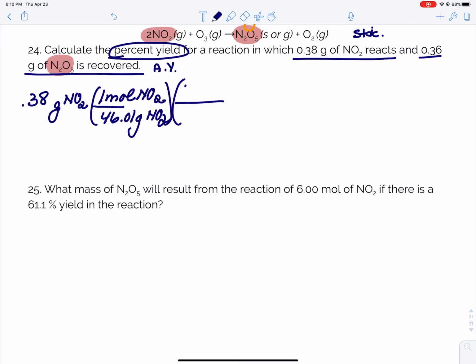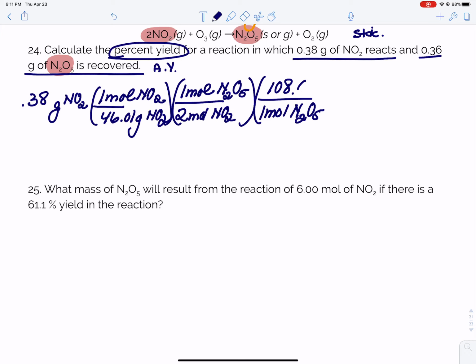According to the balanced chemical equation, 1 mole of dinitrogen pentoxide will be made from 2 moles of nitrogen dioxide, and the molar mass of N2O5, dinitrogen pentoxide, is 108.02 grams.